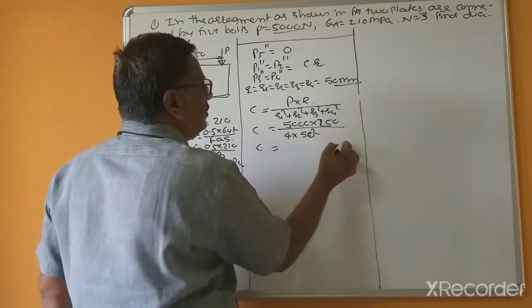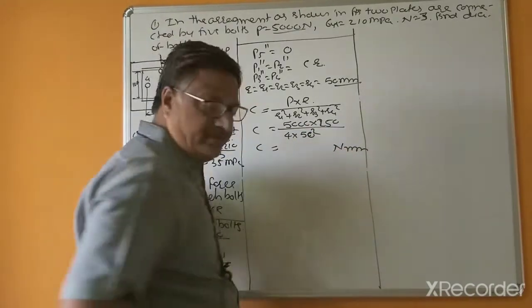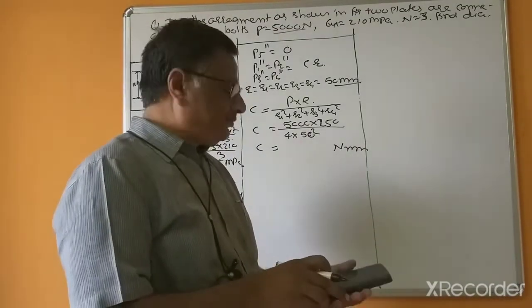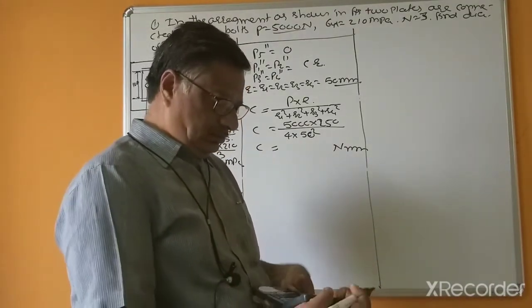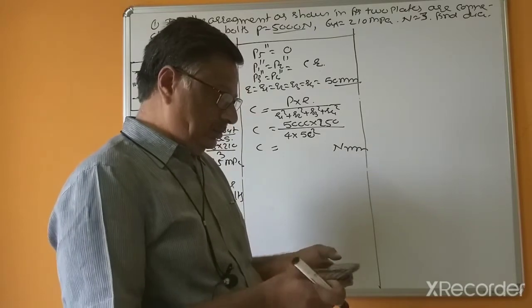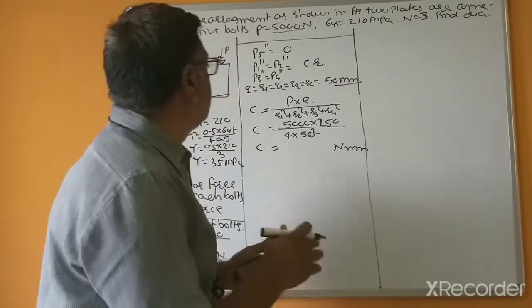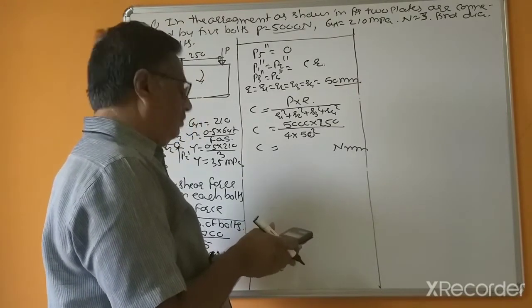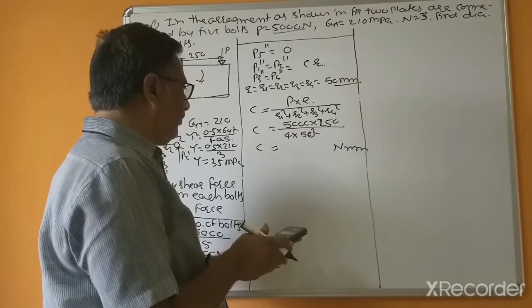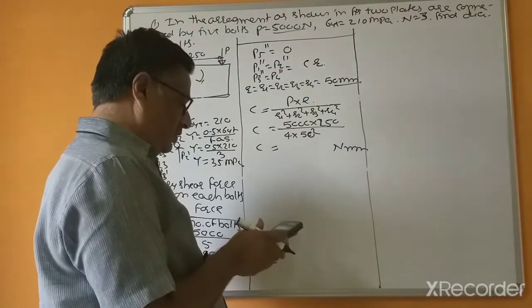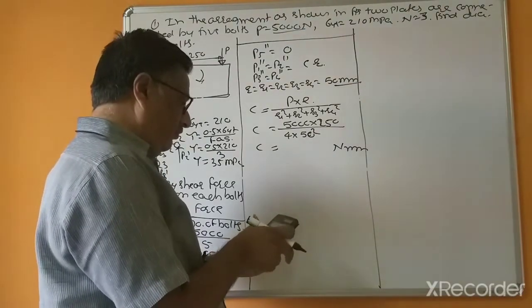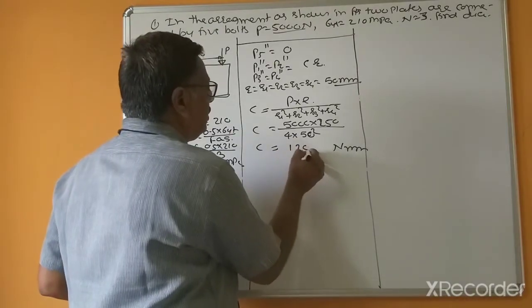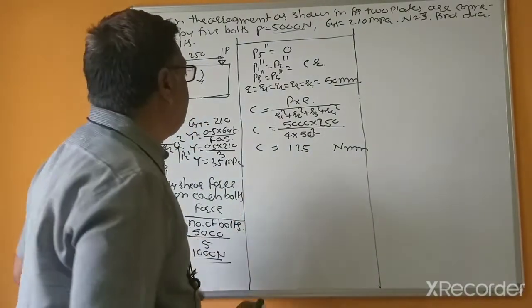C equal to, so this is in Newton per mm. 5000 multiplied by 250 divided by 4 divided by 50 square, and this is equal to 125 Newton per mm.